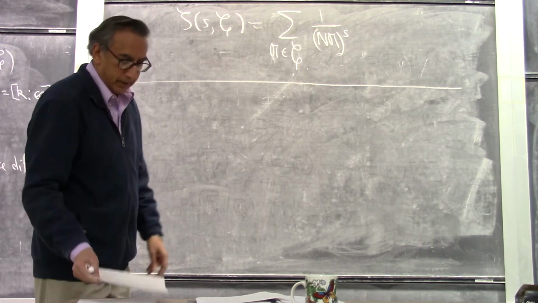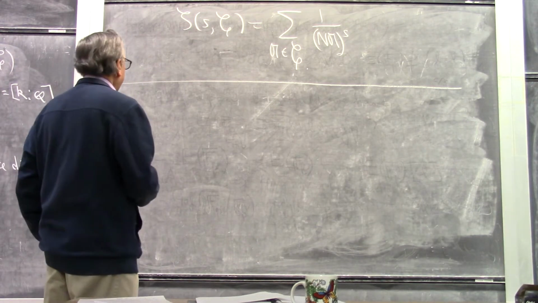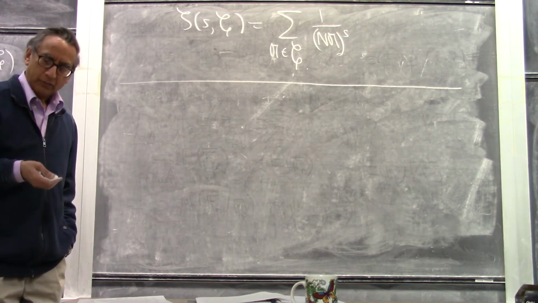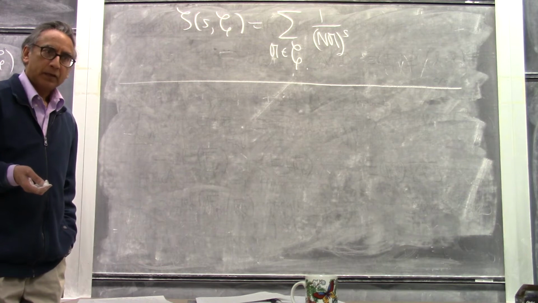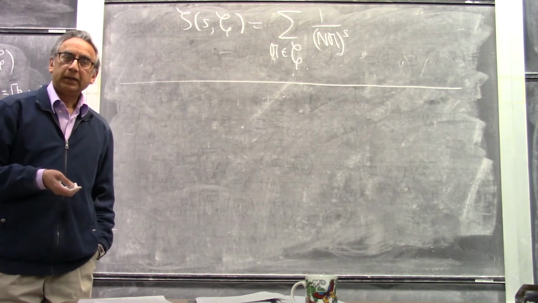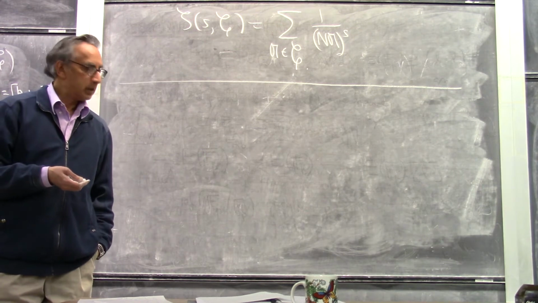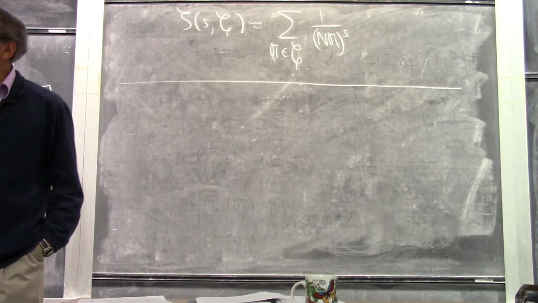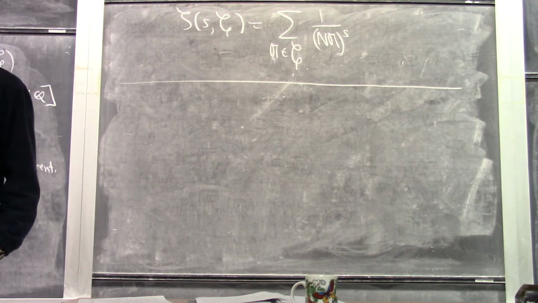So when he introduced them, he was keen on proving an extension of Dirichlet's theorem on infinitude of primes in arithmetic progression. So the analog of the infinitude of primes in arithmetic progressions in the number field context turns out to be infinitude of prime ideals in a given generalized ideal class.